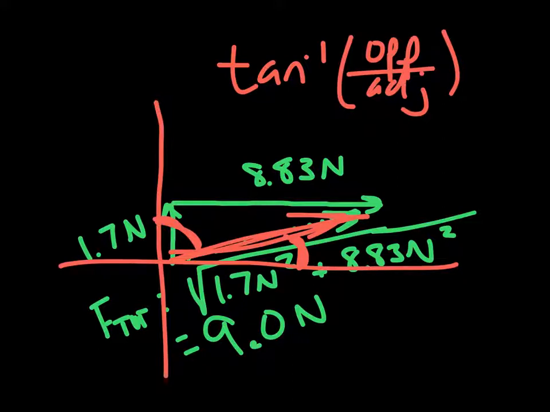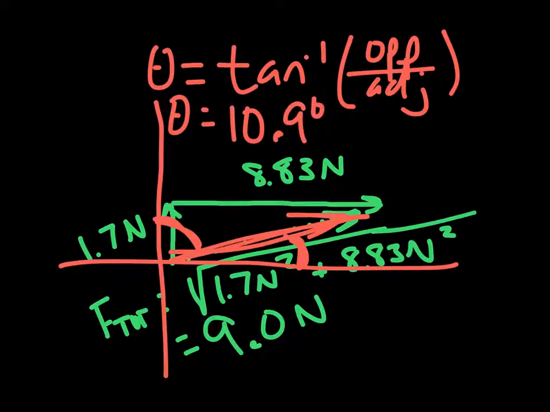So our answer is going to be, this is theta. Theta is equal to 10.9 degrees. So the resultant vector is 9.0 newtons.